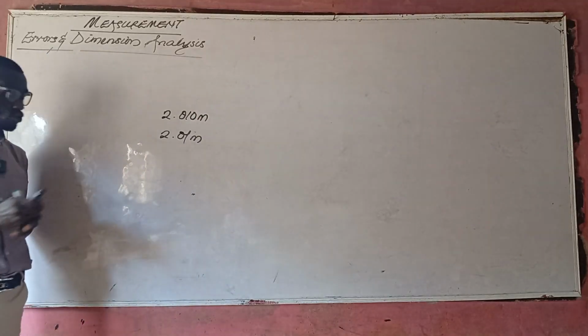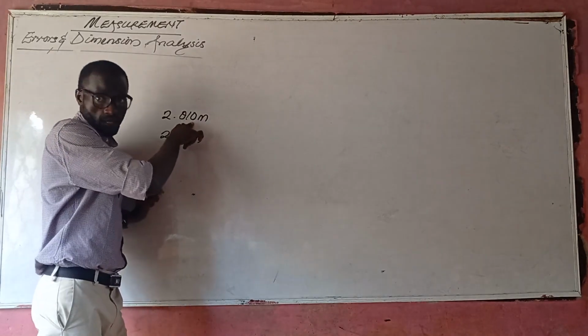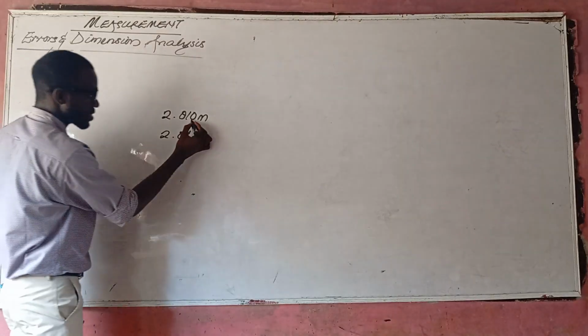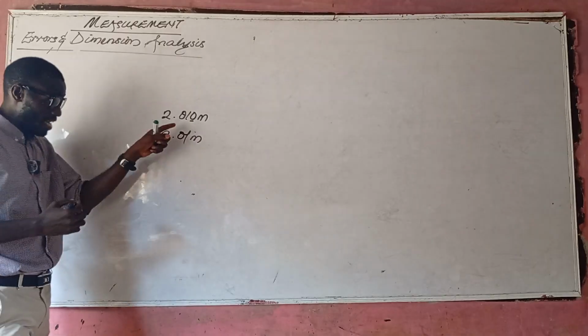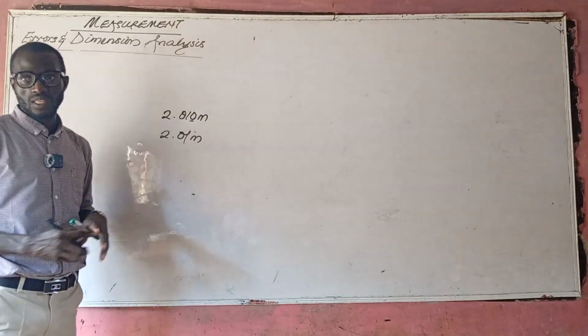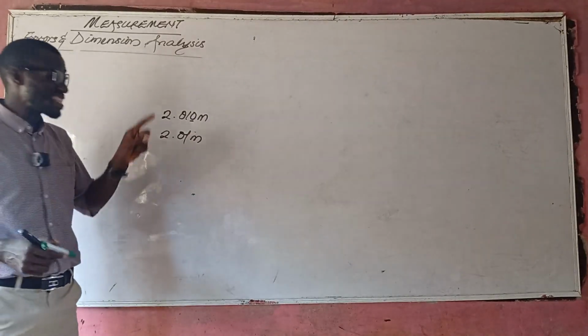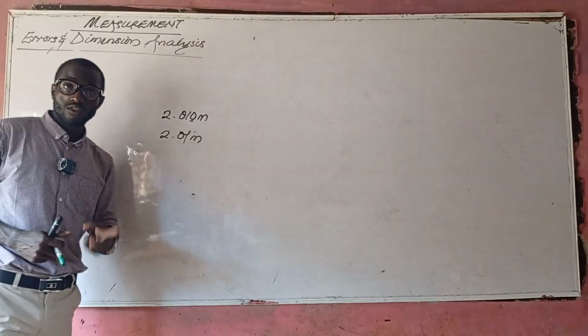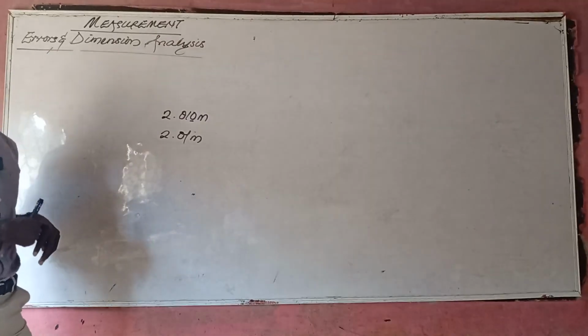Actually, in maths, you were taught that this is insignificant, right? In physics, the third decimal place shows us that he is more precise than this person. His level of precision is to the third decimal place, but this person's level of precision is to the second decimal place.